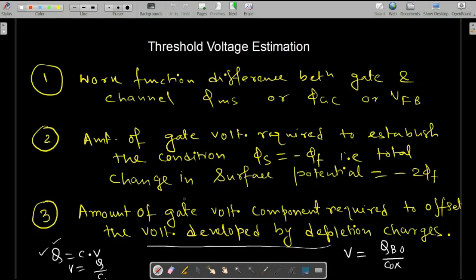So 0.1, 0.2, and 0.3, they are the major components of threshold voltage.